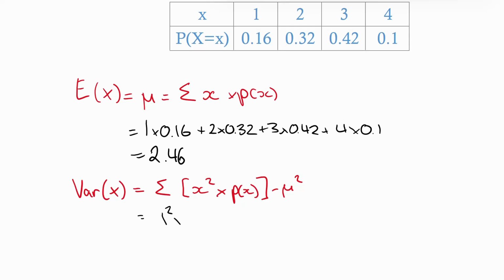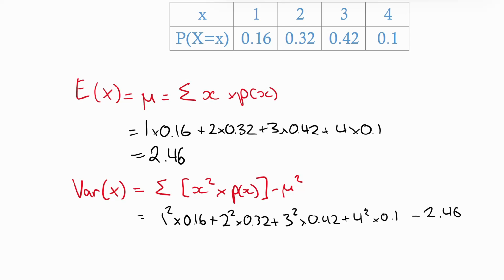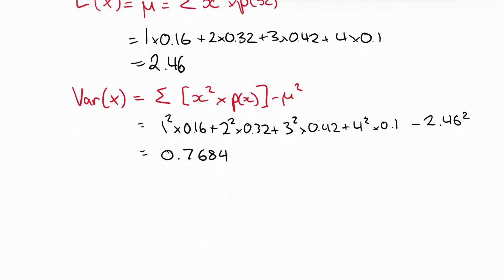So 1 squared times 0.16 plus 2 squared times 0.32 plus 3 squared times 0.42 plus 4 squared times 0.1, and then at the very end we're going to subtract our 2.46 squared because that's our expected value. And you end up with 0.7684.